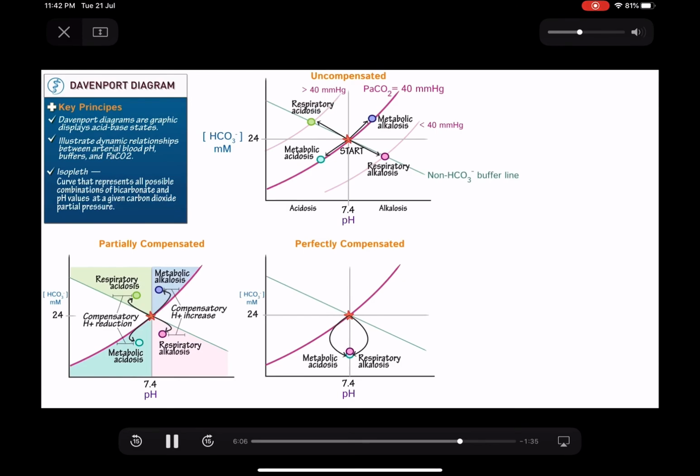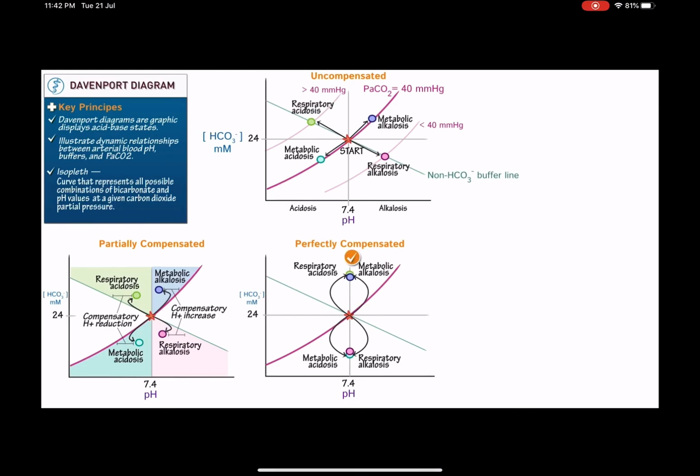If the original disorder was respiratory acidosis or metabolic alkalosis, both the bicarbonate concentration and the partial pressure of carbon dioxide are elevated. They're above normal. Isohydric hypercapnia. In the case of respiratory acidosis, this is accounted for by the cause of the disorder, which was over-retention of carbon dioxide, and renal compensatory mechanisms that conserved bicarbonate.